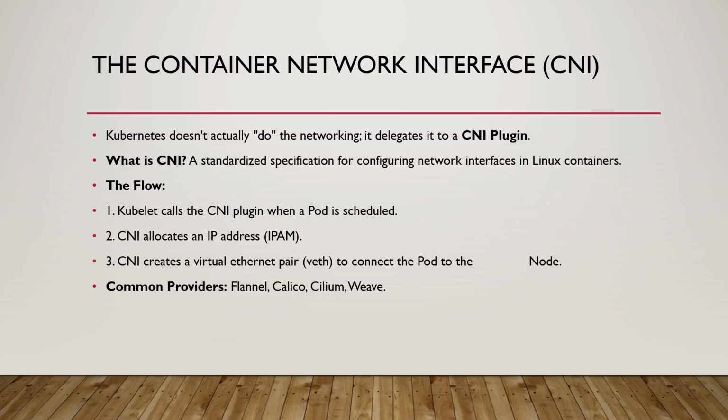For now, if you think of a virtual Ethernet as a wire, one side will be inside the pod and one side will be plugged into the node. I hope you are understanding. The common providers, as I already discussed, are Flannel, Calico, Cilium, Weave, and there are other CNI plugin developers too, but these are the common ones.